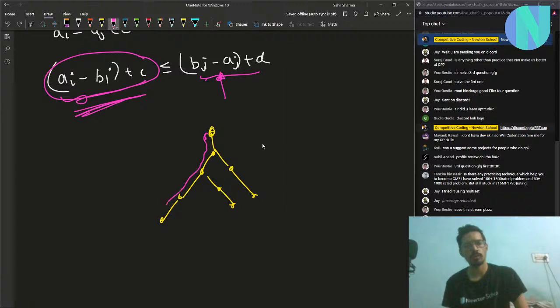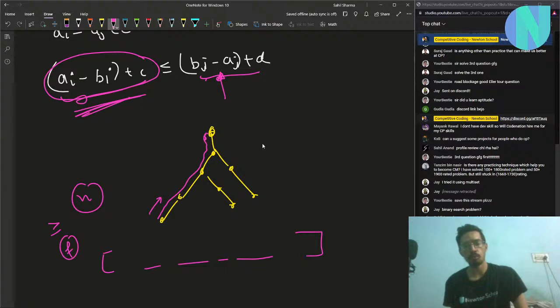When you go down you will increase your frequency, and when you are going up from the DFS you can decrease the frequency. And the problem says that, for example, if the length of the path is n, then there must be an element f that is present more than n by 2 times, right?